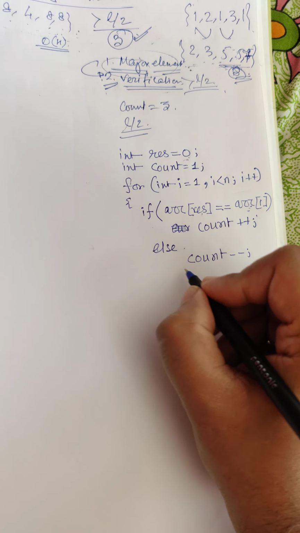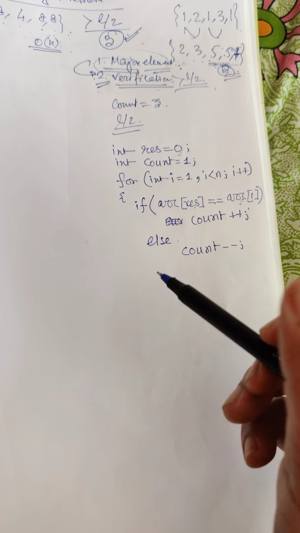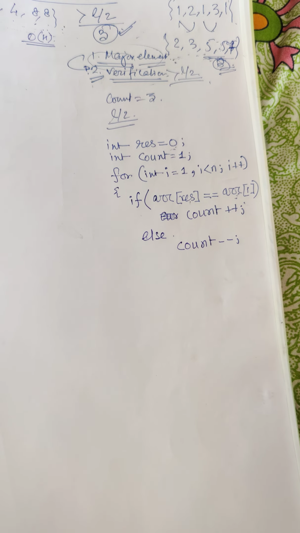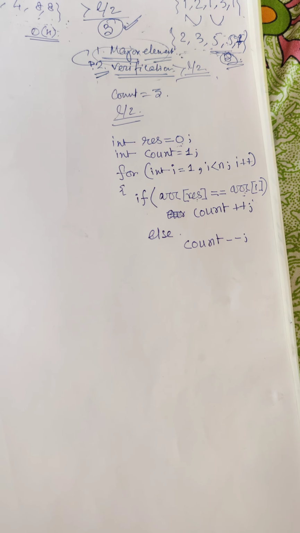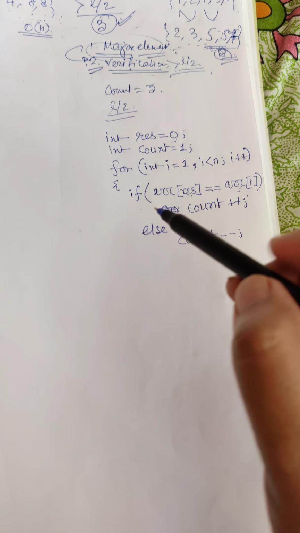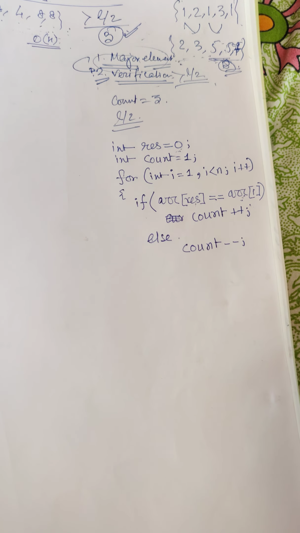This decrement of count says that whomever we think is going to be a leader is probably not the leader, right? So we are decrementing his value. This is kind of a voting count, you can say. So we are reducing our count.